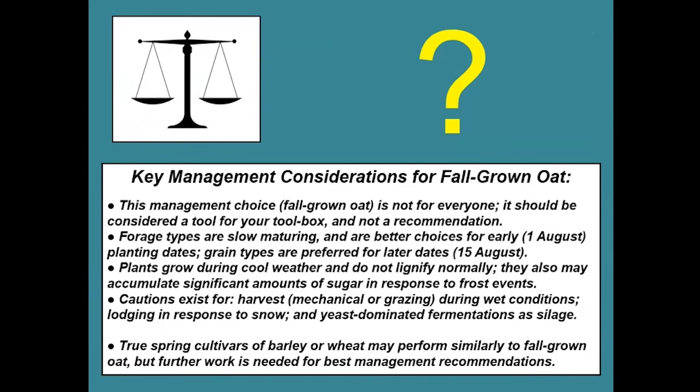Forage types are slow maturing and are better choices for early, such as 1st of August, planting dates, at least in central Wisconsin. I can't speak to what those dates might look like in other parts of the north central United States. Grain types are preferred for later dates, principally because they mature faster.